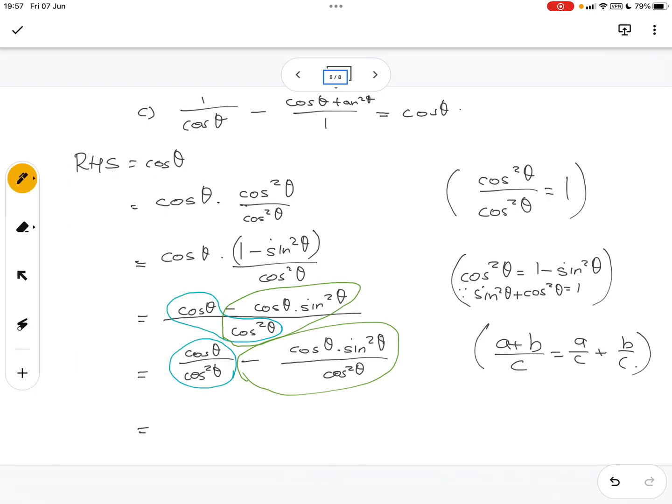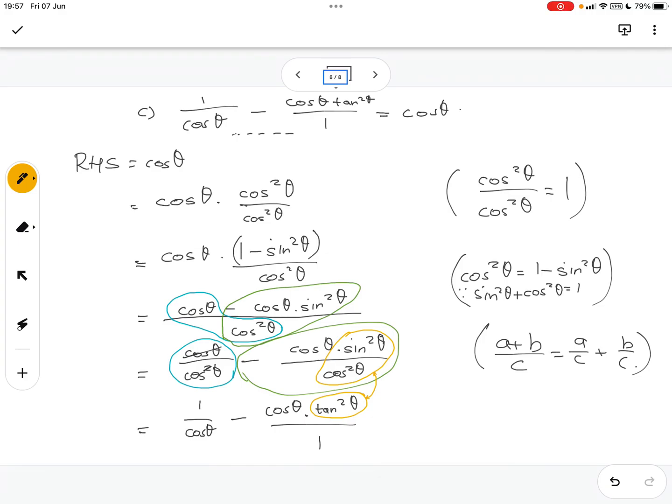Then what happens is division, and then here we can use the quotient identity. We're getting closer to what we're seeing there. So we want to say cos divided by cos squared gives us 1 over cos theta minus cos theta times tan squared theta over 1.